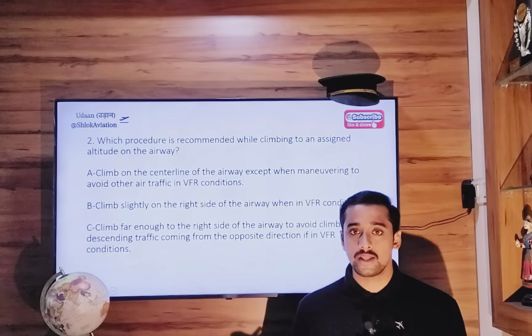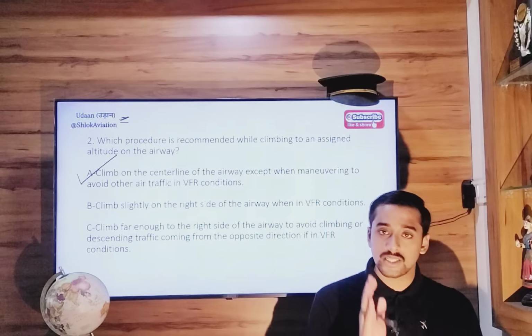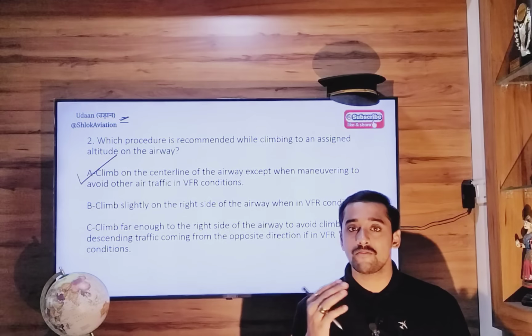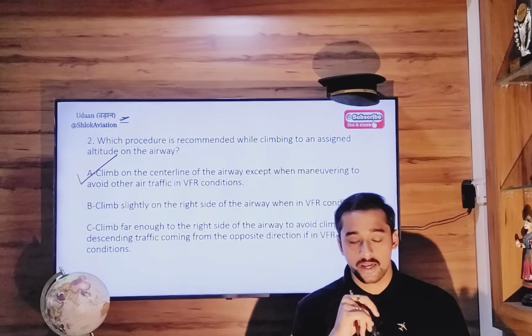So that is allowed in such conditions of good visibility, VFR conditions. Otherwise you must continue climbing on the center line of the airway, except when maneuvering to avoid or scan for other traffic.